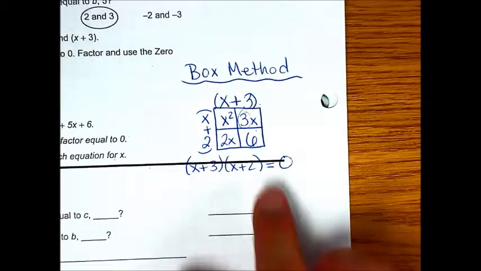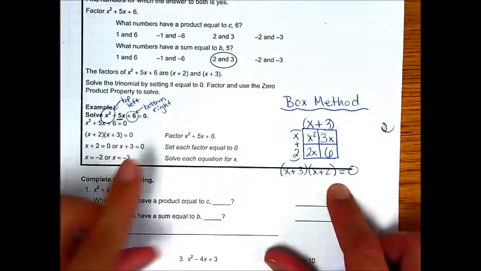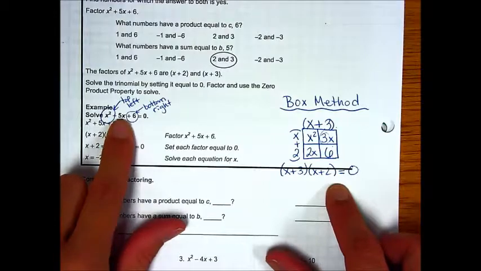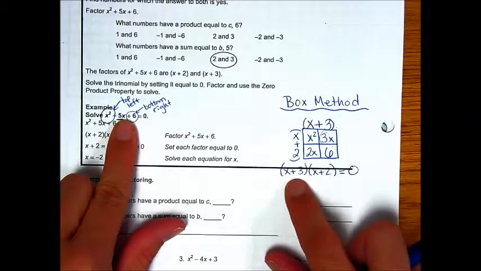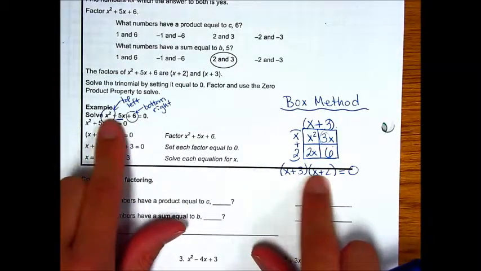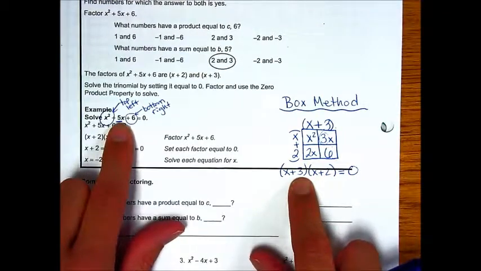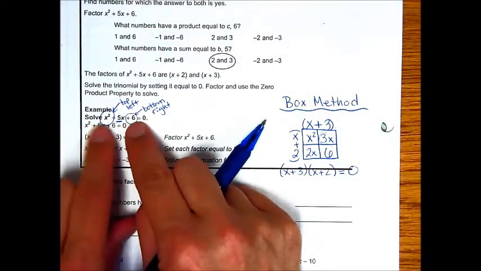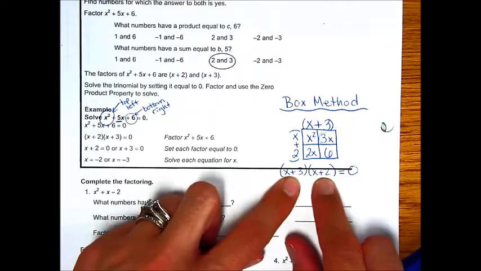What we want to understand is that x squared plus 5x plus 6 and x plus 3 times x plus 2 are the exact same thing. They're completely equivalent. It's just that this was in standard form and this was in factored form.